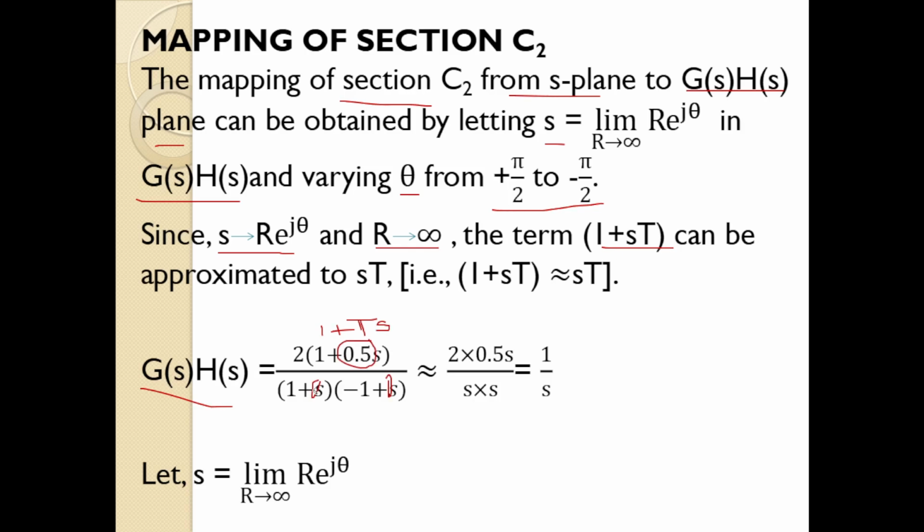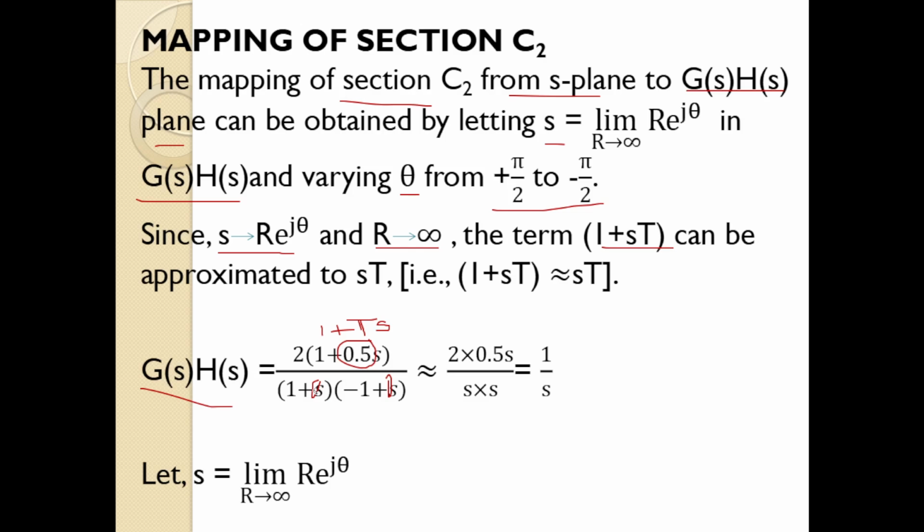So the coefficient of S is nothing but t. The term 1 plus st can be approximated as st. This condition is applicable when S tends to r e power j theta and r tends to infinity.